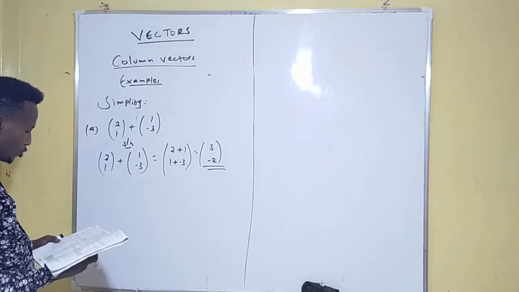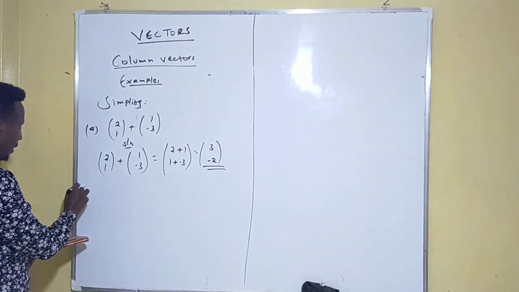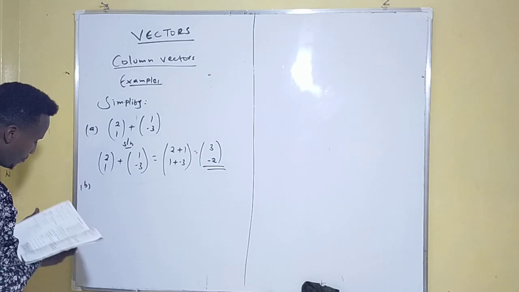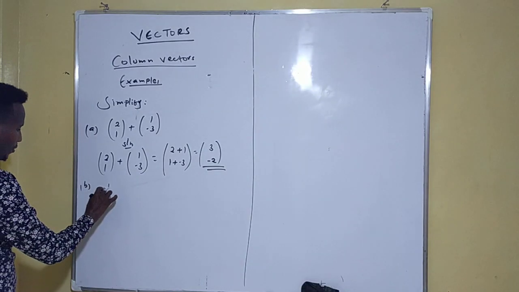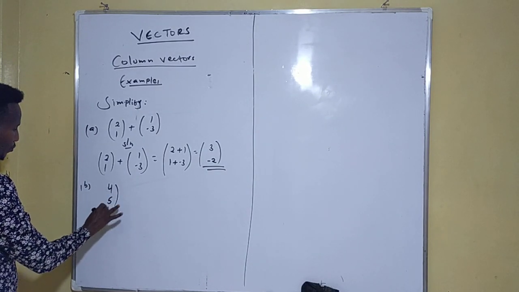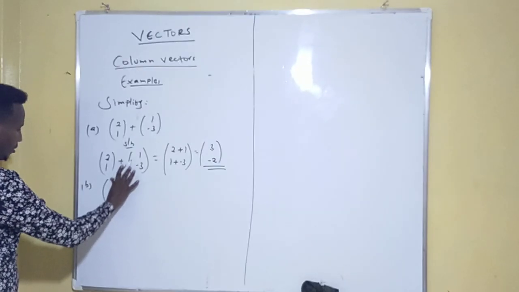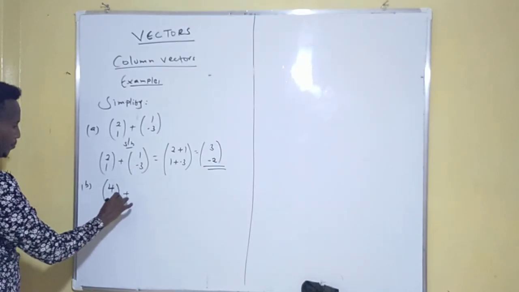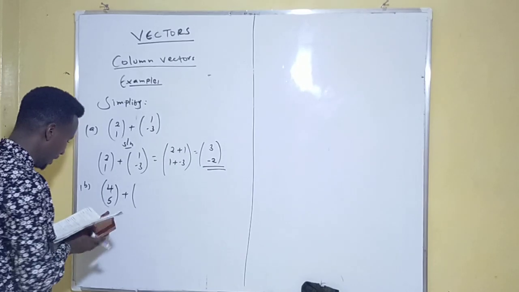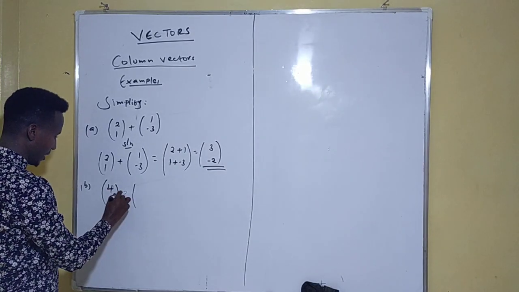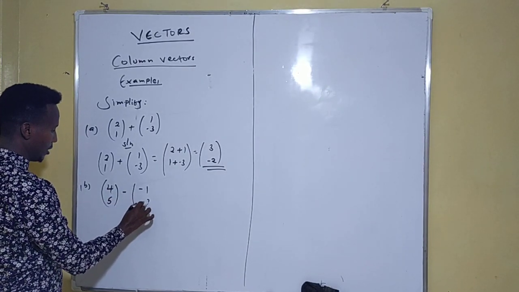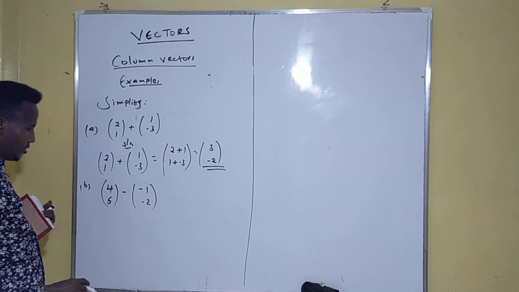Let me add another one. For B, we have (4, 5) minus (-1, -2).